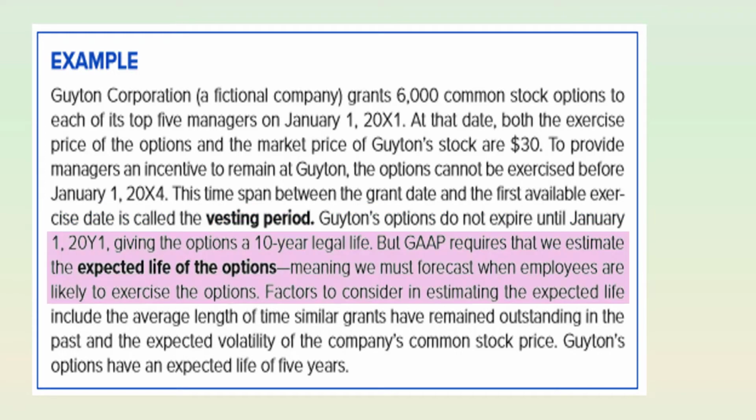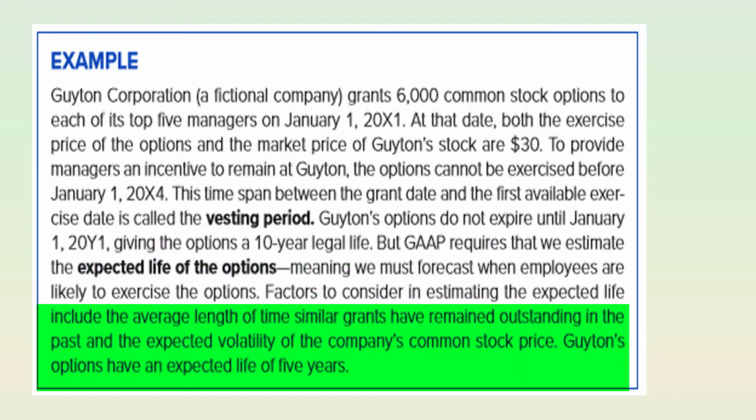But GAAP requires that we estimate the expected life of the options, meaning we must forecast when employees are likely to exercise the options. The factors to consider in estimating the expected life would include the average length of time similar grants have remained outstanding in the past and the expected volatility of the company's common stock price.